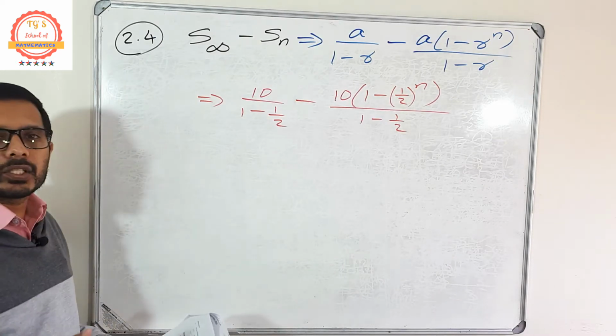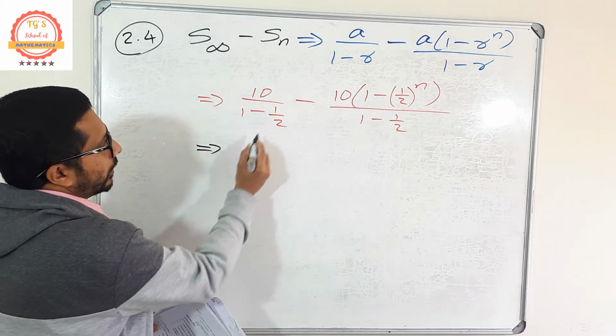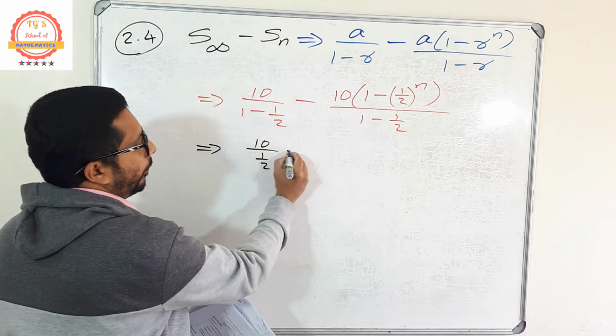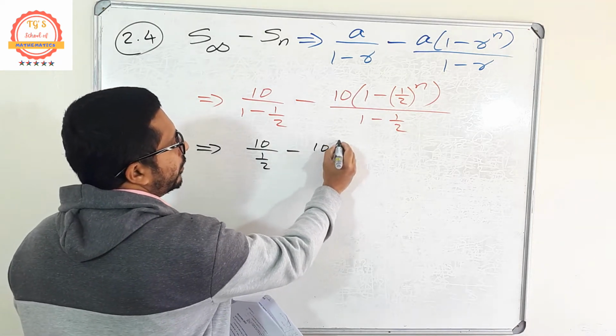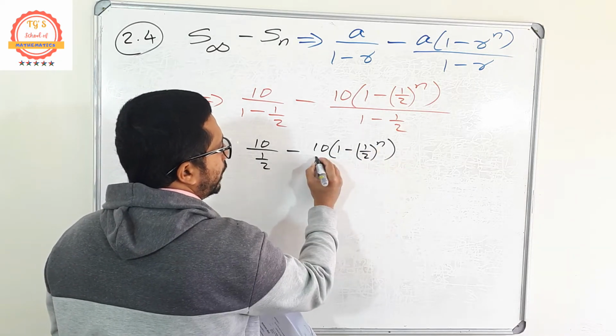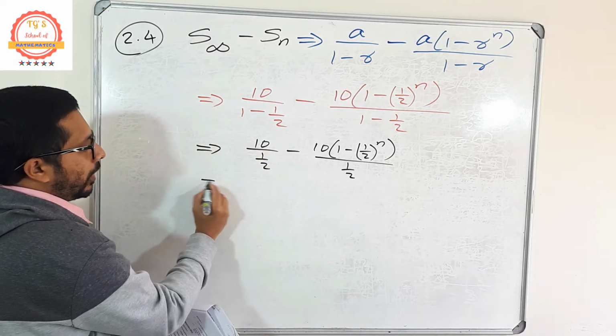So what is the next step? We have to simplify this one. It implies that this is 10 divided by half minus 10 into 1 minus 1 over 2 raised to n divided by half. So what is 10 divided by half?